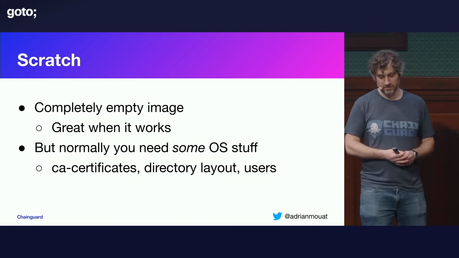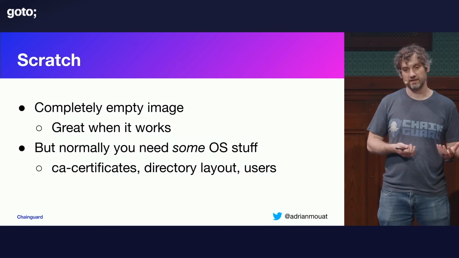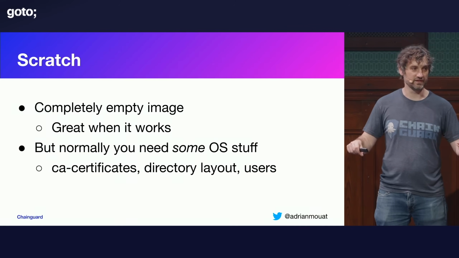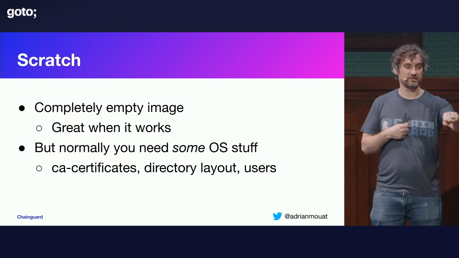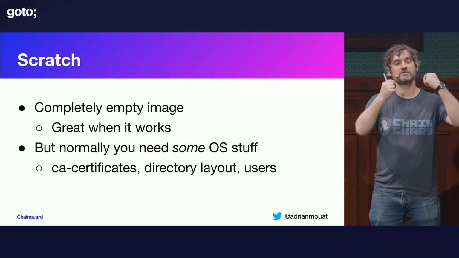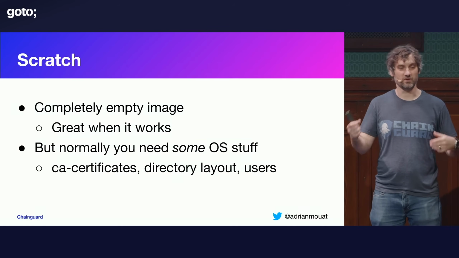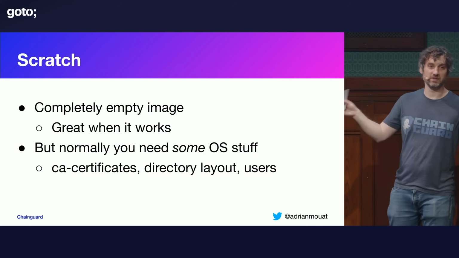You can do things with it, especially if you use a compiled language like Go or Rust or C, because you can create a static binary with all the dependencies inside it. You can put that static binary in the completely empty image and run it. Then you've got the most minimal possible image, assuming you've not compiled too many dependencies in.